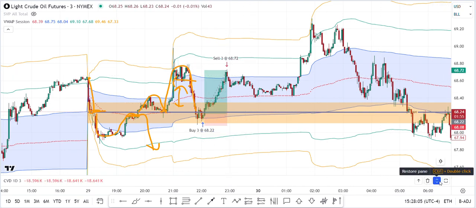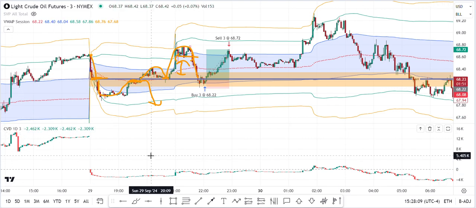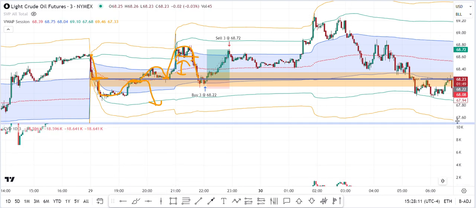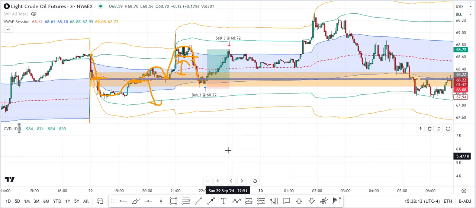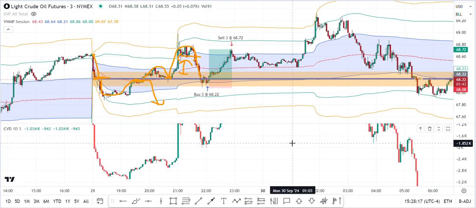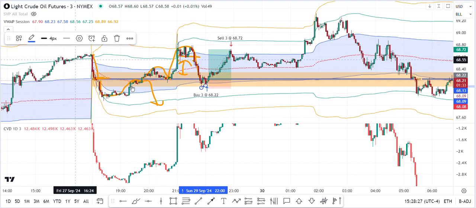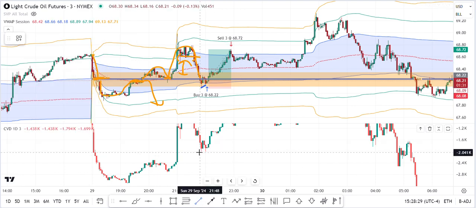The actual reason for my entry, I used cumulative volume delta. You'll see on the delta there's a small divergence between delta and price. It's much more difficult to see in real time, but here price made a higher low while delta was staying flat.